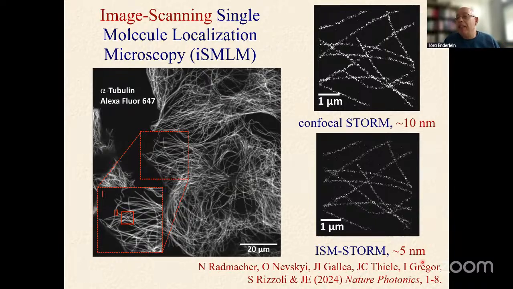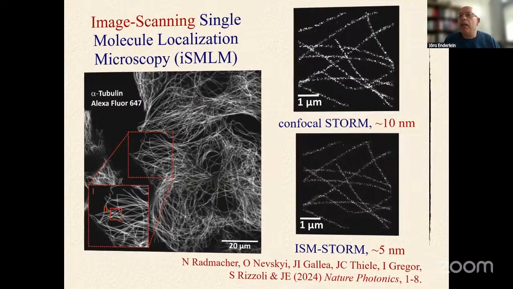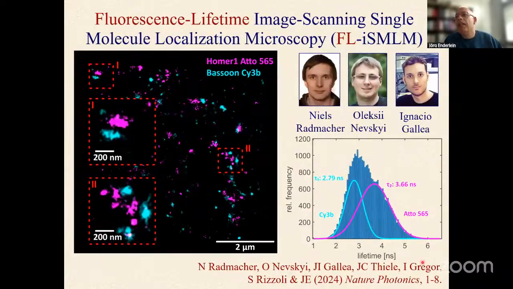And it's my last slide, again, to show you also why lifetime can be super nice and important. This was an application of our system to looking at the distribution of pre- and post-synaptic proteins in a synapse. It was together with the group of Silvio Rizzoli here in the University Medicine. And we labeled here HOMER1 protein and Bassoon with 2 different dyes. And the important thing is that the dyes have similar emission properties.